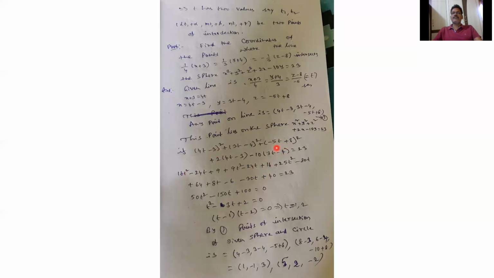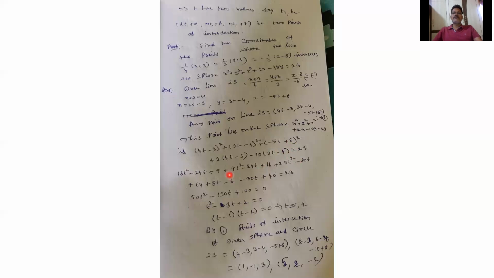Here a square 25t square, minus 2ab means 2 into 5t into 8, minus 80t.